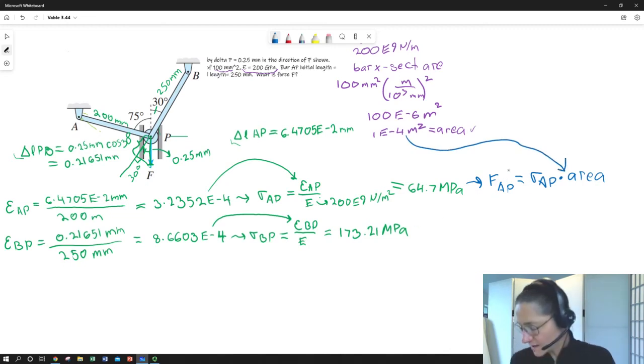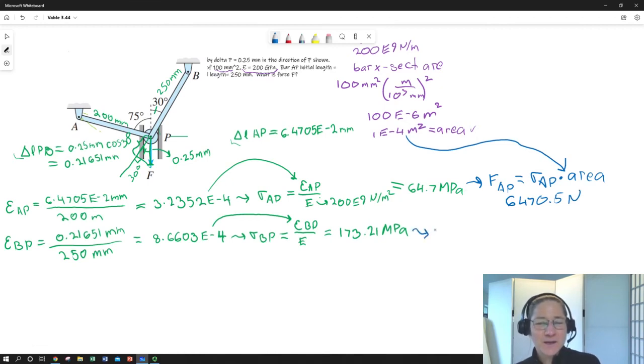And so that gives us a force being exerted by bar AP. Stress times area equals force is 6,470.5 newtons. Newtons being force units. And we do the same thing with BP.